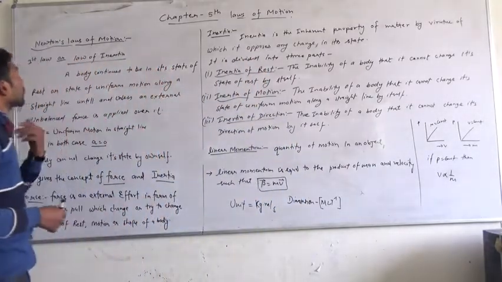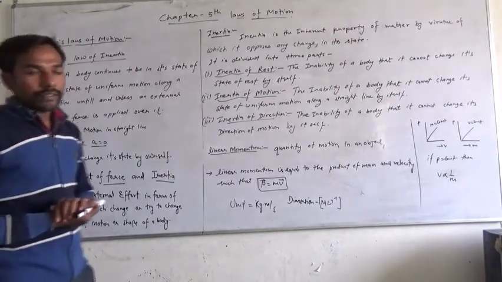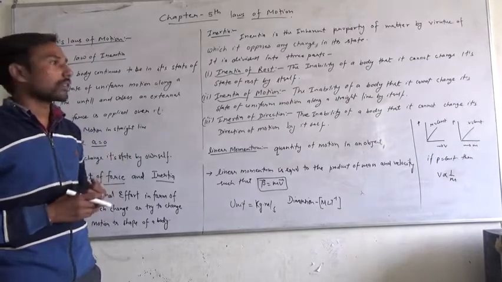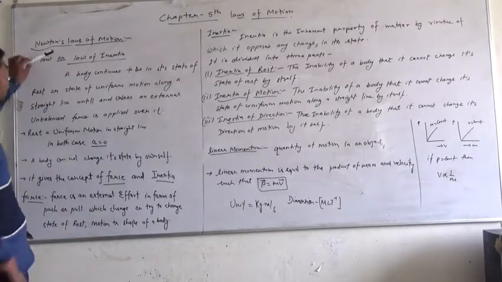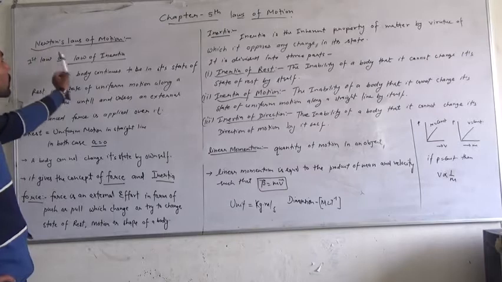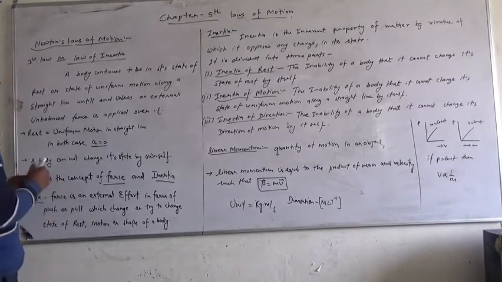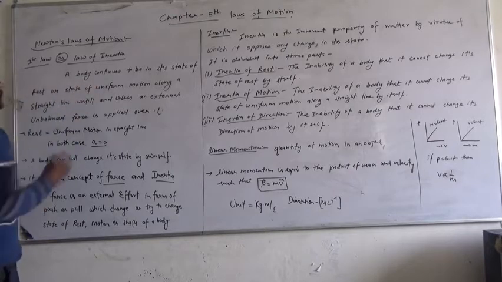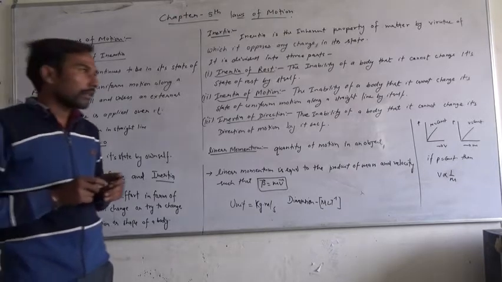So later, Newton came into mechanics, into physics, and gave three fundamental laws of motion. Today we are going to discuss Newton's first law of motion, or simply the law of inertia. Newton's first law of motion and the law of inertia are the same rule.